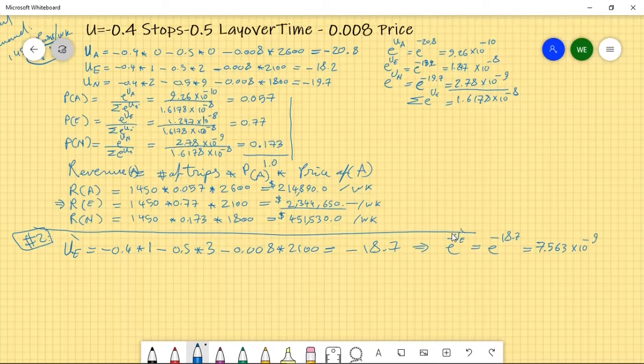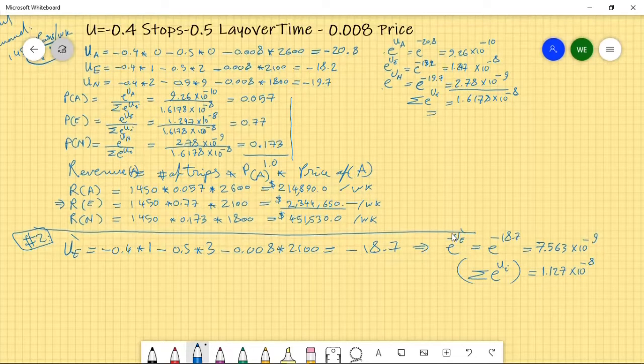Now we have to recalculate this new one. The other two did not change. So here we are going to use sigma E to the power utility I, that's the new one. So the new summation will be 1.127 multiply 10 to the power minus 8.